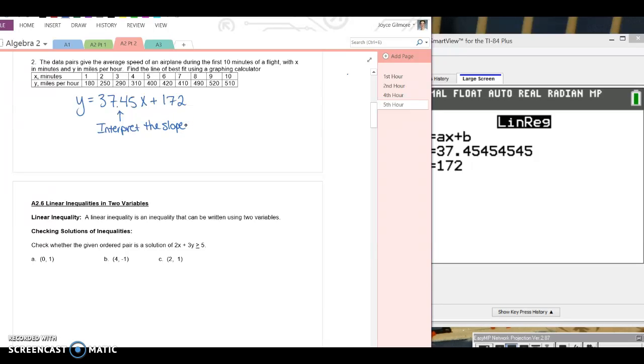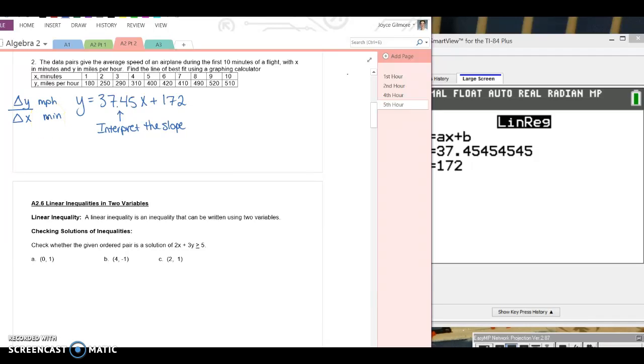So you may need to remember that slope is the change in the y values divided by the change in the x values. If you are finding slope on your own, you'd be looking at subtracting y values on top, subtracting x values on the bottom. Our y values are miles per hour. Our x values are minutes.